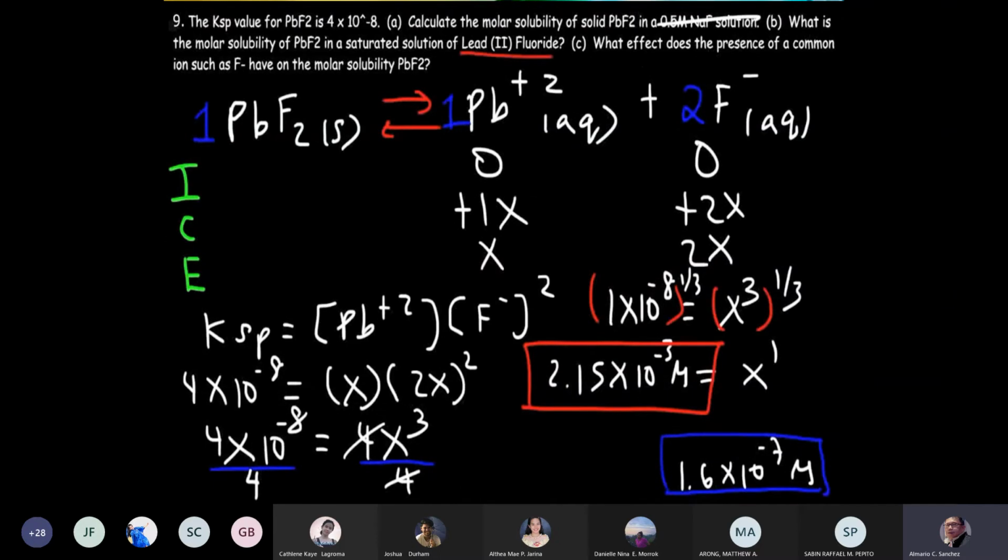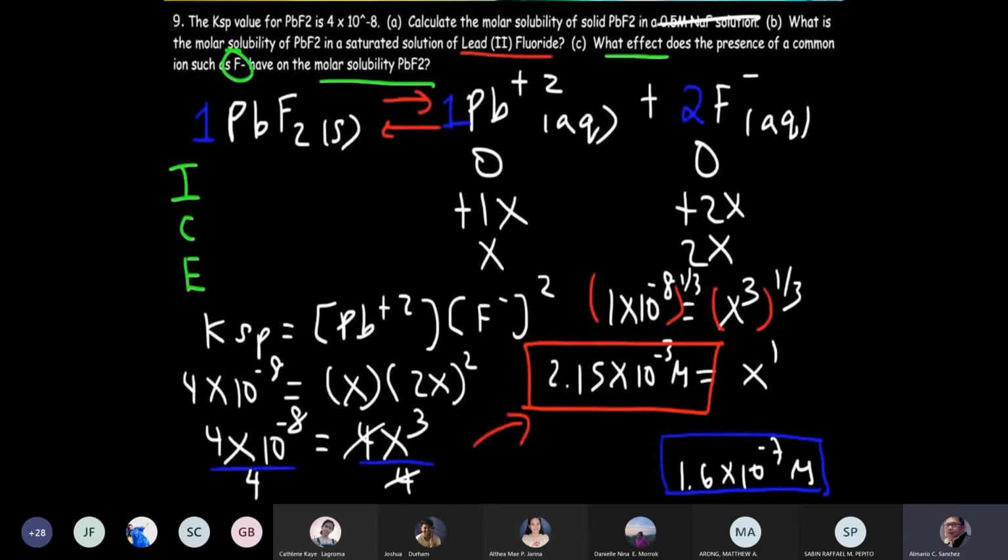So now let's focus on part C. What effect does the presence of a common ion, such as fluoride, have on the molar solubility of lead fluoride? So in part B, if we only had lead fluoride, notice that the molar solubility is 10 to the minus 3.